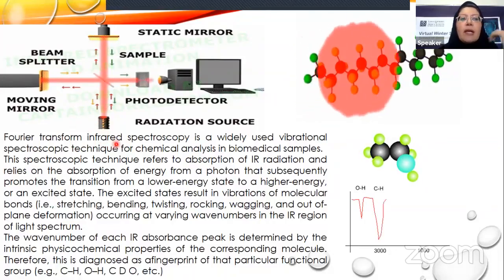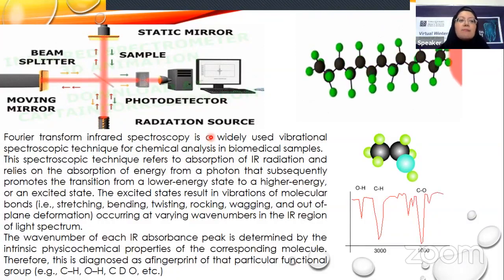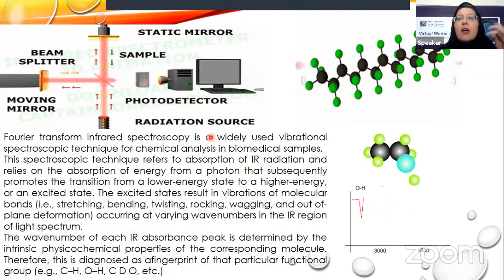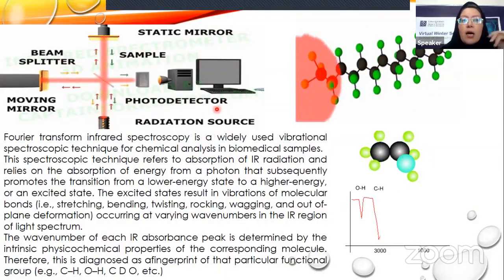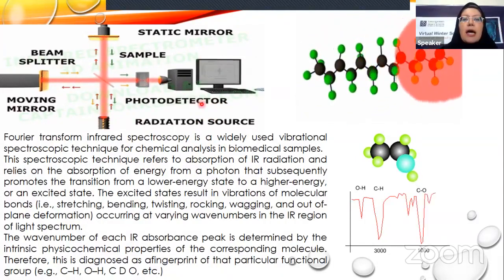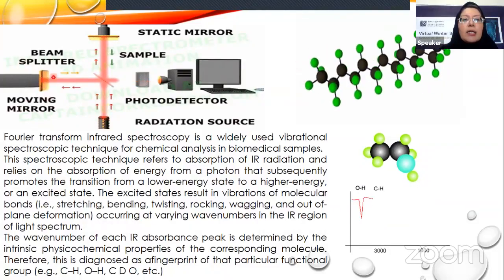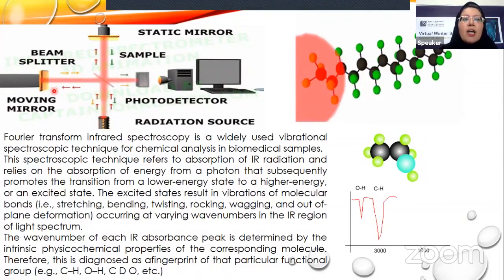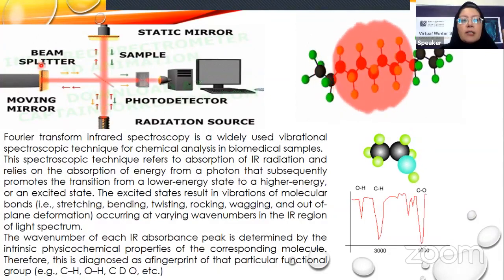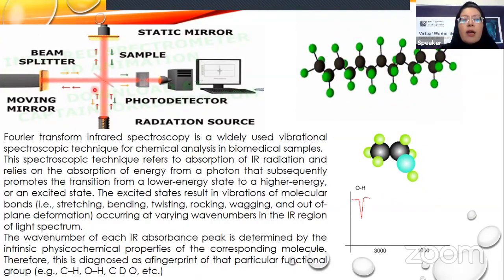Fourier transform infrared spectroscopy is a widely used vibrational spectroscopic technique for analysis of different chemicals, different chemical compositions, and different biomaterials. In this device, IR emits from the source and is absorbed by photons.